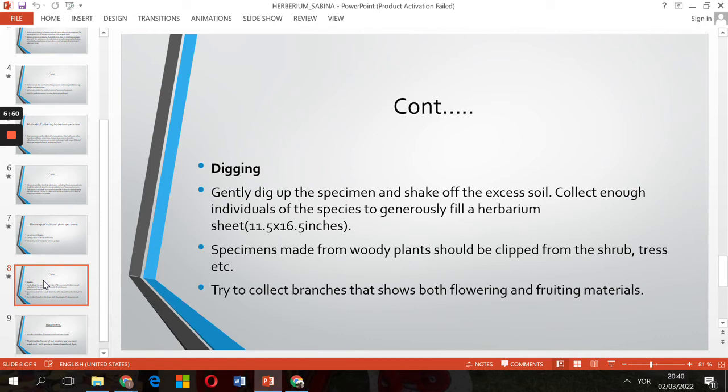Then you collect enough individuals of the specimen to generously fill a herbarium sheet. A herbarium sheet here is a sheet where, after collection, you have pressed and then display your plant specimen, and it should be 15.5 by 16.5 inches.